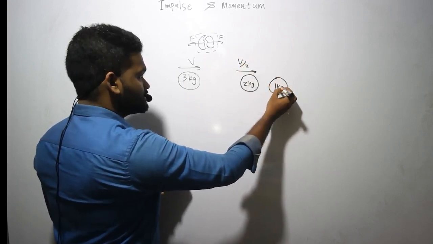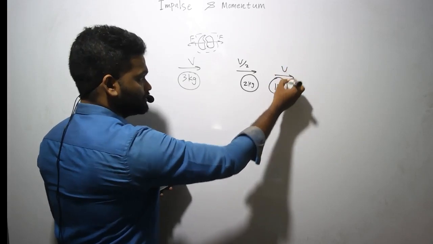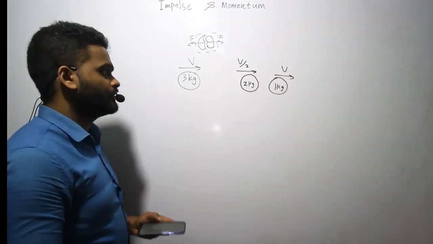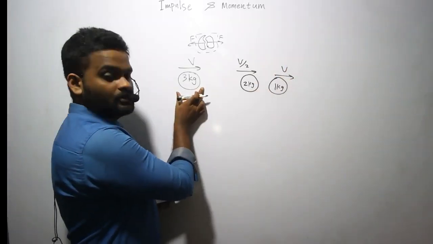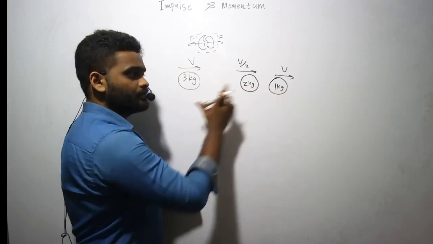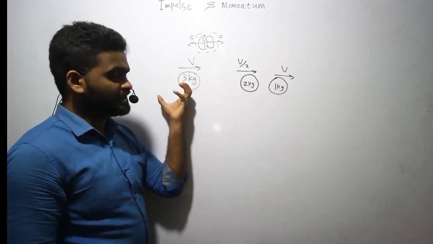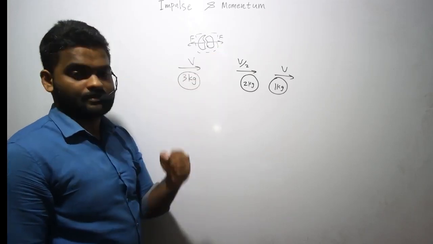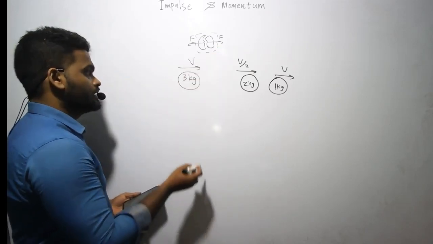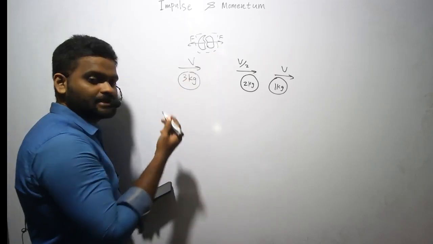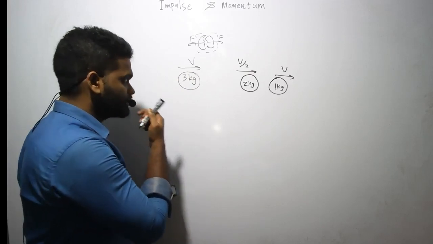Then what they ask is the velocity of the small part, right? So this is the before collision situation. This is the after collision situation. So for the system, momentum is conserved, doesn't change, right? It cannot change without an external force, right?